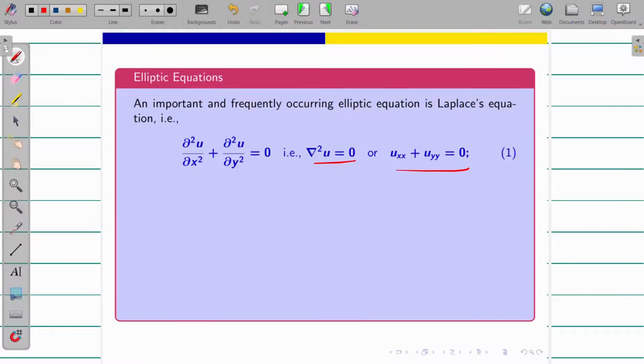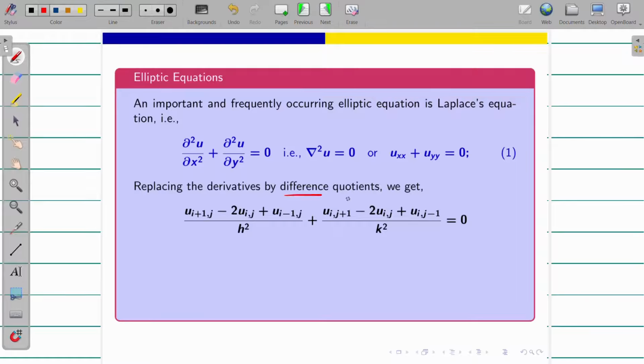Or instead of giving it in this form, they will say u is harmonic. So these are the ways we can represent the Laplace equation. Now we are going to discuss how to solve it, how to get the solution here.